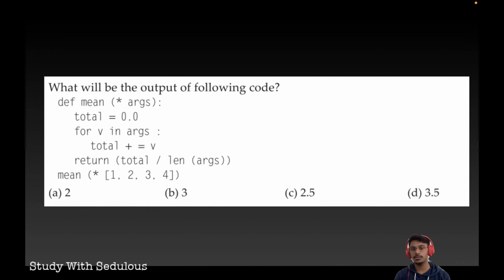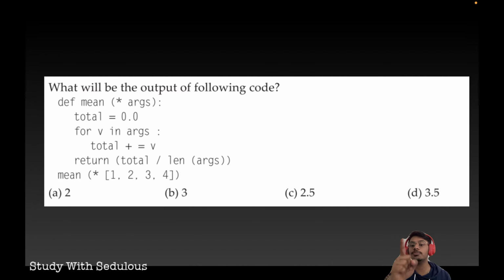The length of args is 4. So 10 by 4 is 2.5. If it was total double slash length of args, it would have been 2, because 10 by 4 is 2.5 but we don't care about the 0.5. But since it is just a single slash, it will be 2.5. Option C.